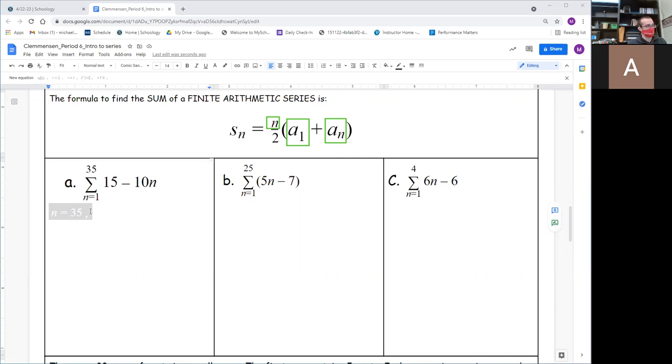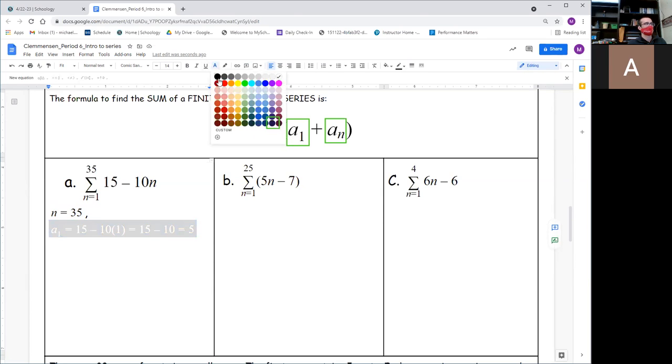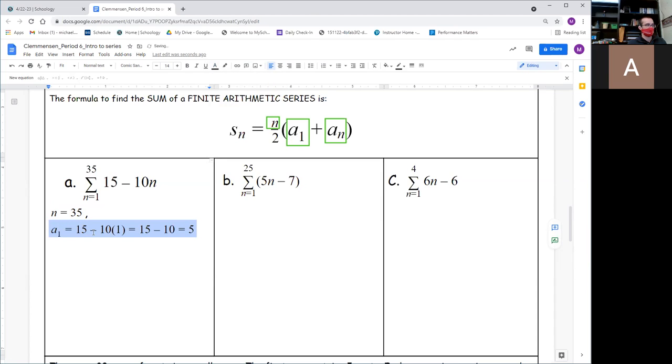Our n is whatever number is up top, nice and easy. It's my number of terms. My a sub 1 I get from plugging in 1: 15 minus 10 times 1. So I replace the n right here with a 1. 15 minus 10 is 5. I have my answer.